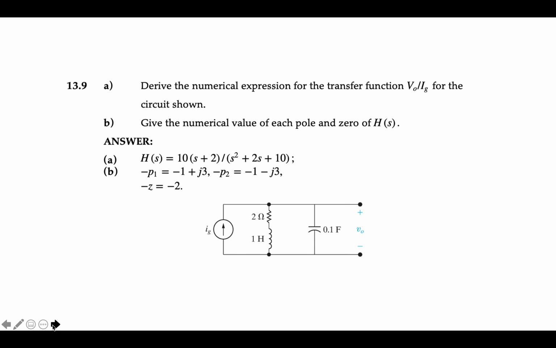Okay, here's another example that I would recommend that you look at working, because this is similar to the one we just did. It's not terribly complicated to do, and I want you to start thinking in terms of poles and zeros and what kind of response you would get out of a circuit like this due to the transfer function. Now notice this one has a current, and the transfer function is voltage over current.